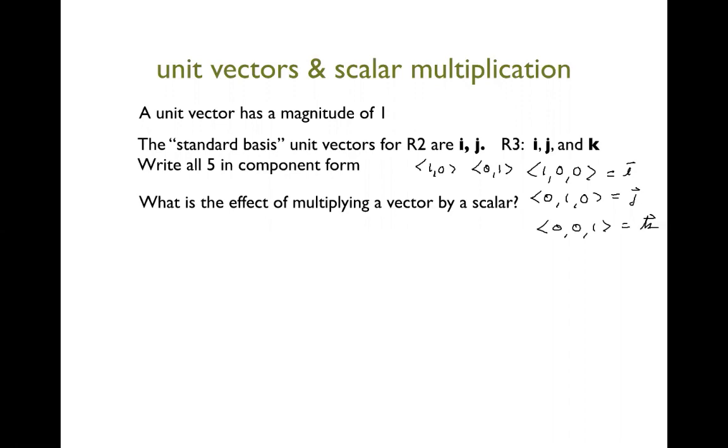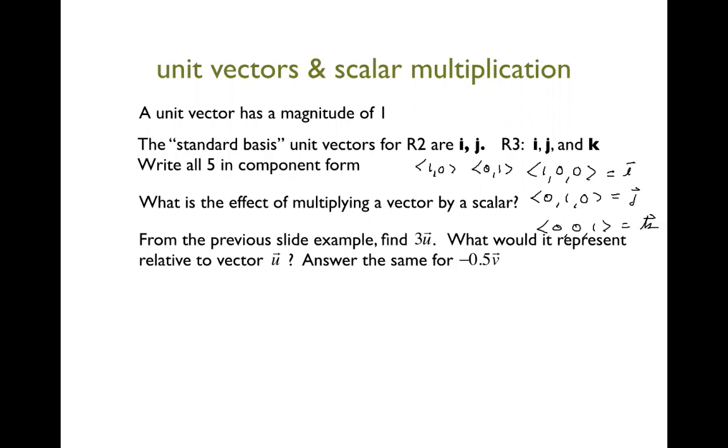So what are the effects of multiplying a vector by a scalar? Let's investigate that. So if u was (-4, 2), say, then what would 3u represent? What does multiplying a vector by a scalar mean for the new vector?